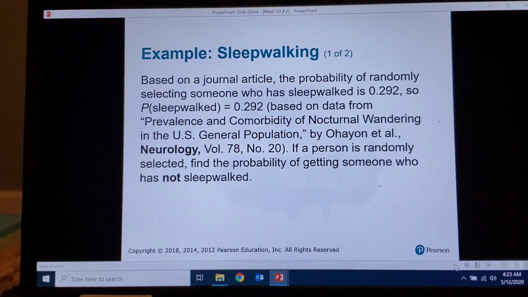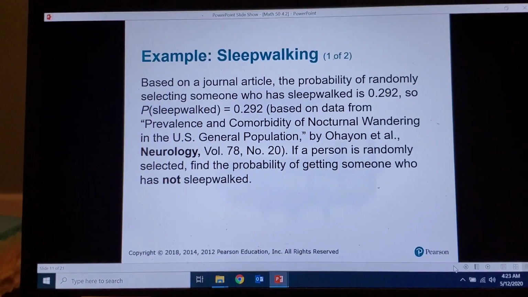So if a person is randomly selected, find the probability of getting someone who has not sleepwalked. So remember, that idea of "not" has to introduce the complement.